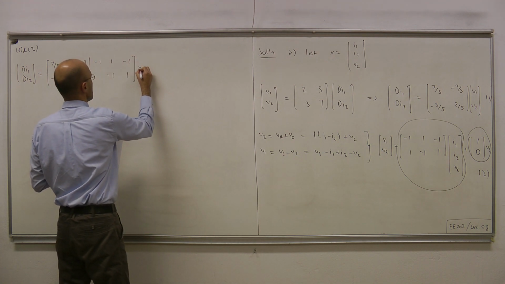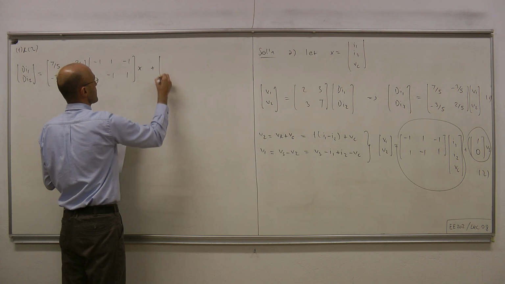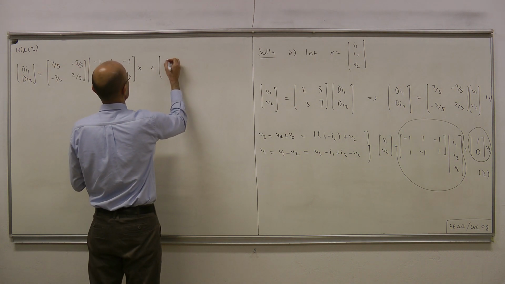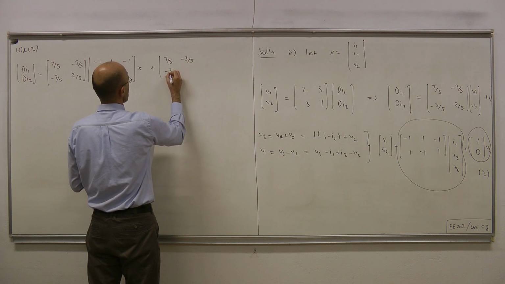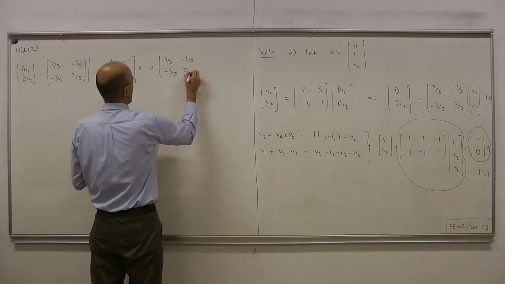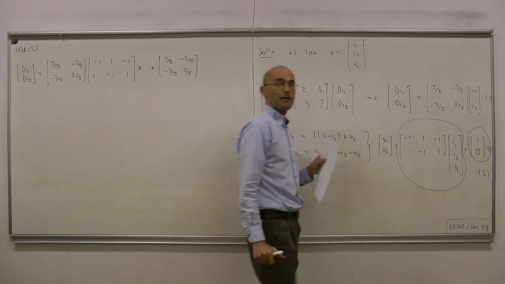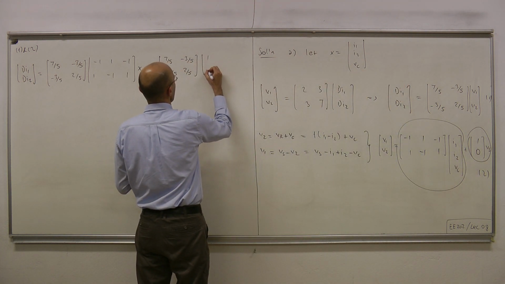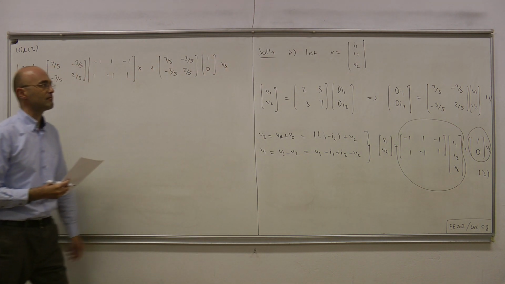So we can just use x, plus the same matrix 7 over 5, minus 3 over 5, minus 3 over 5, 2 over 5, times this piece here, 1, 0, times Vs.